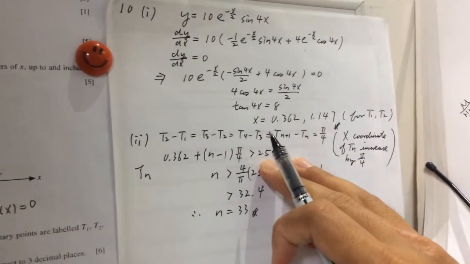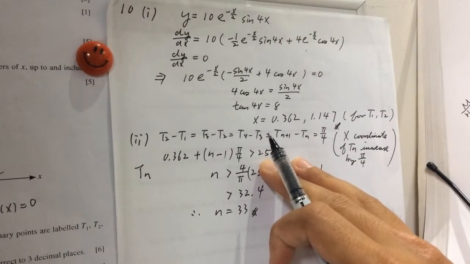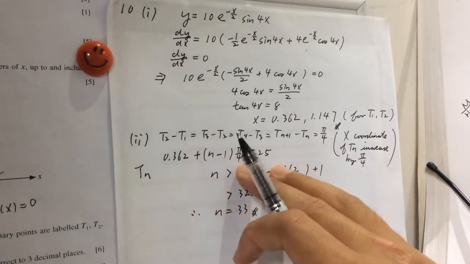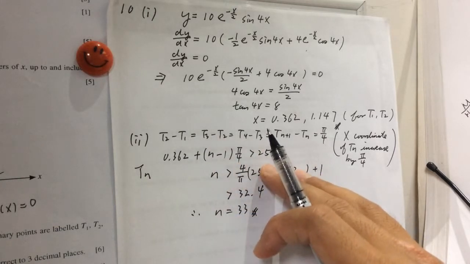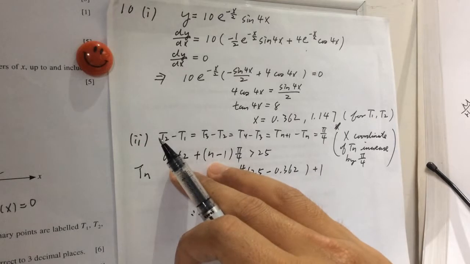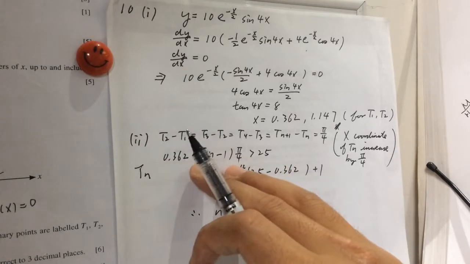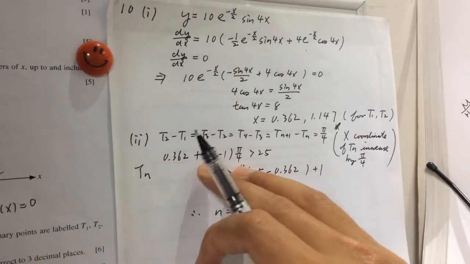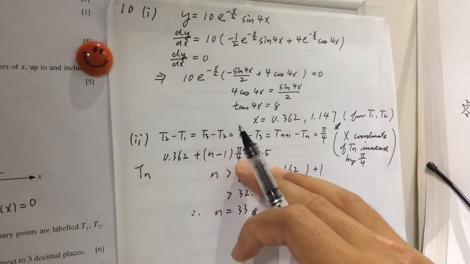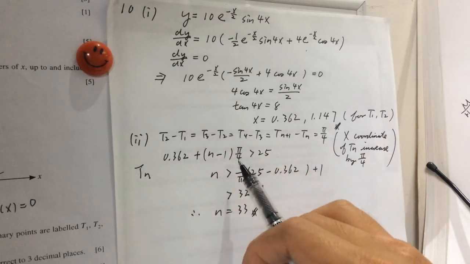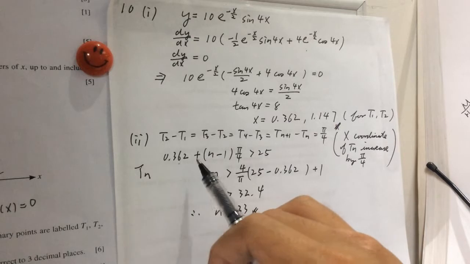Pi over 4 is the interval. T1 plus n minus 1, the interval. That is Tn. It looks like the common difference: first term plus n minus 1 common difference. It looks like AP. n is greater than this one, and then calculate the answer.